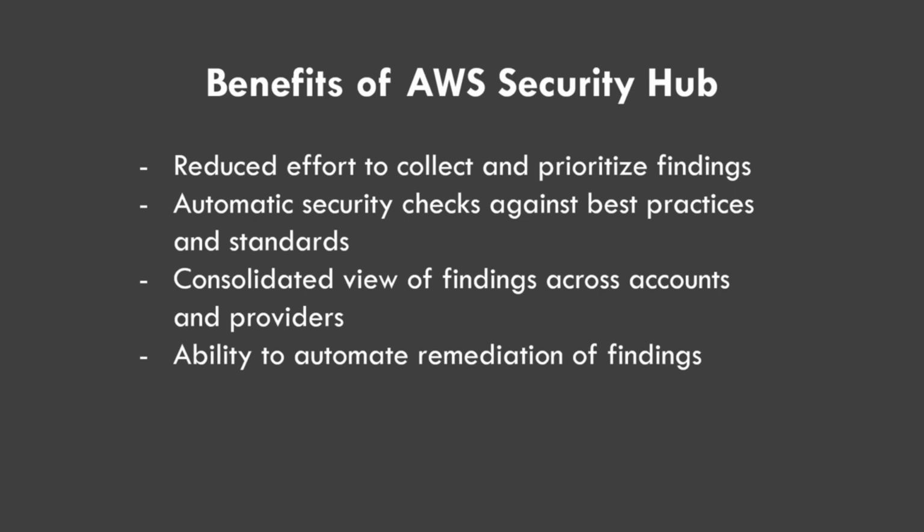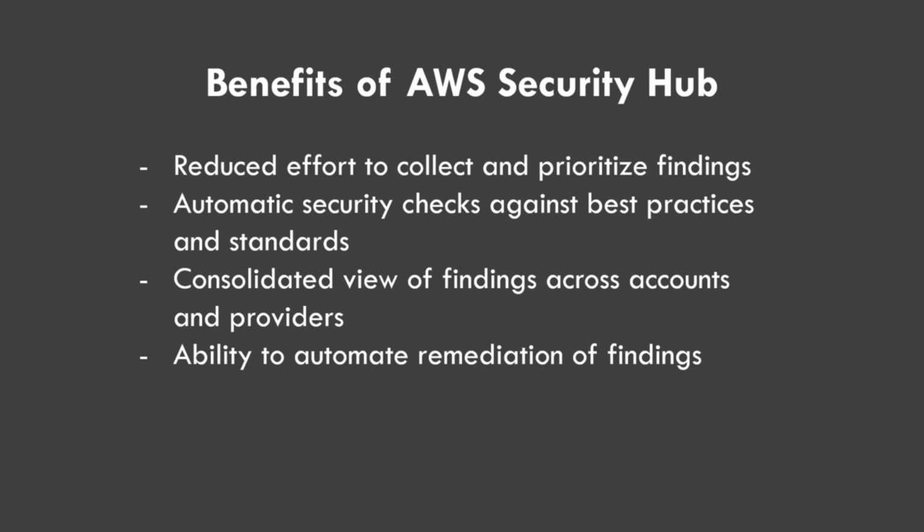The second benefit is automatic security checks against best practices and standards. So this Security Hub follows industry-based best practices in terms of security. It covers your CIS benchmark, PCI compliance and HIPAA compliance as well.